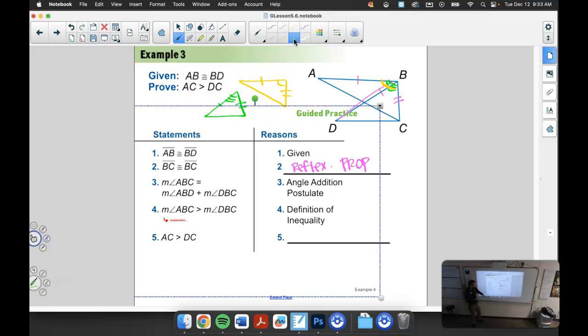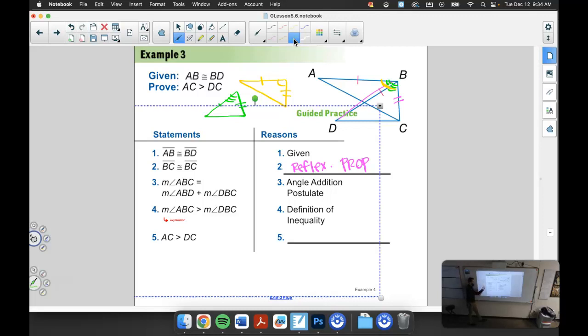Do you guys remember the definition of inequality? When we said, and I asked it really early on, I think in the notes, this is what it says. How do I know that 5 is greater than 2? And the answer is, I know we're all like, because it is. Right? But the answer is because in order to make them the same, where do I have to add something?